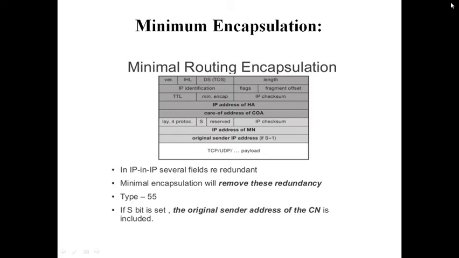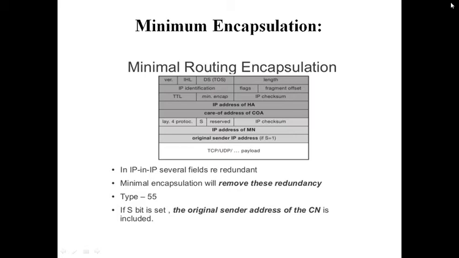Okay, the tunnel entry point and end point are specified here, and the field for the type of the header contains a value, indicated with some number. For the type you can mention 55, which indicates the minimum encapsulation protocol. And the inner header is different for minimum encapsulation.